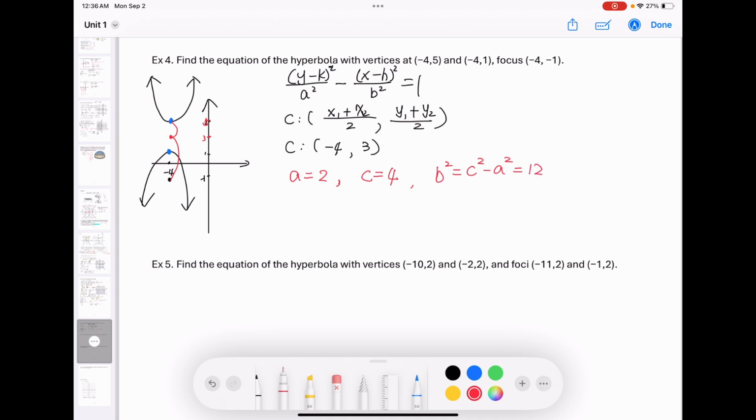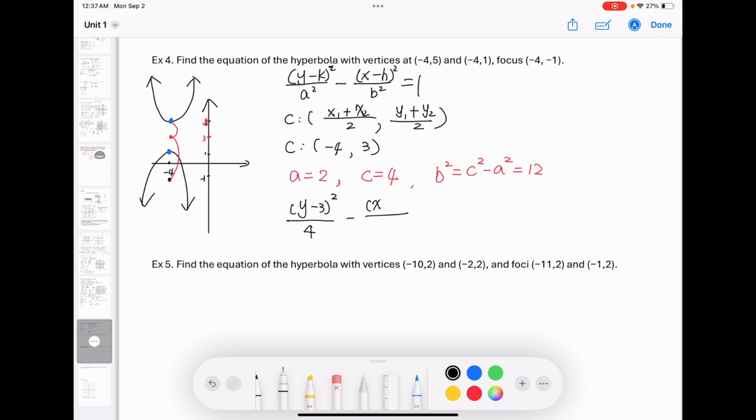So we have the h comma k. We have the a and b. We can put all of these in the formula. So it is y minus k, y minus 3 squared, all divided by a squared, which is 2 squared. And then we can put the 4 here. We don't have to say 2 squared. And then minus x minus h.